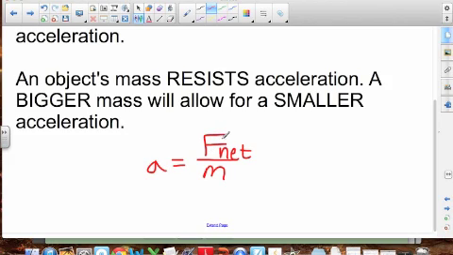Now, as we've already said, forces can be represented by vectors. And acceleration, as we also saw, can also be represented by a vector. This means this equation not only tells us the size of the acceleration that an object experiences, we just plug numbers in for the net force and a number in for the mass, but this also tells us the direction of the acceleration.